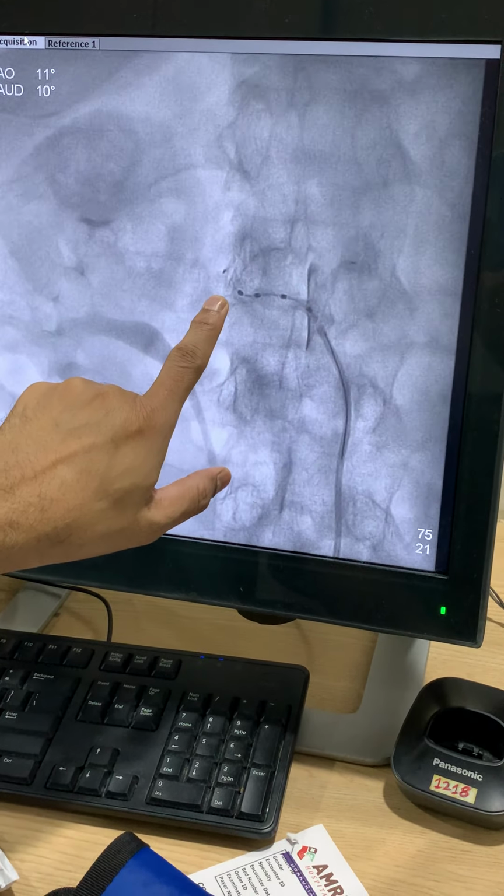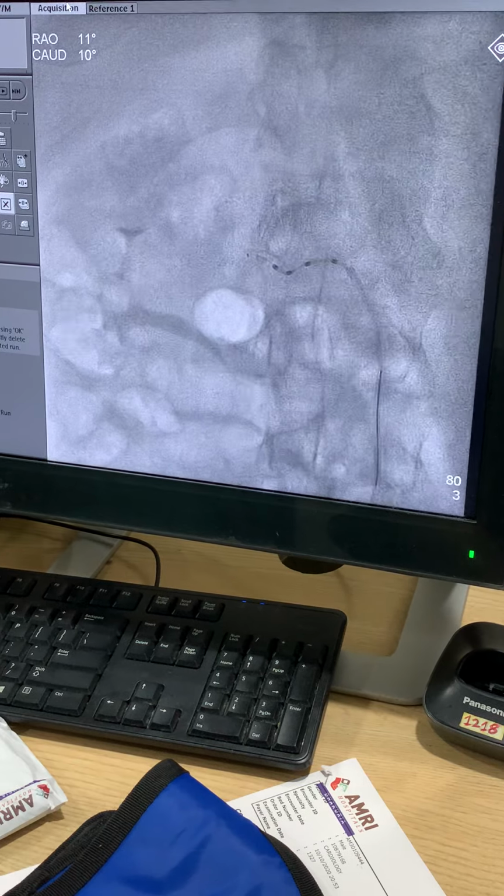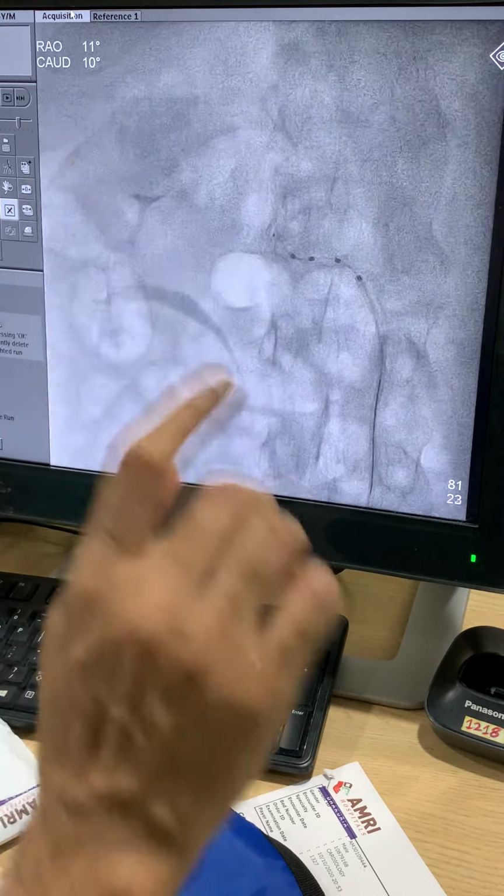But during this movement, the temperature of the 4 was not good and the follow-up impedance was not good. So what we did, we rotated the catheter clockwise, and by rotating this catheter clockwise, we got good impedance, and we activated only 4.